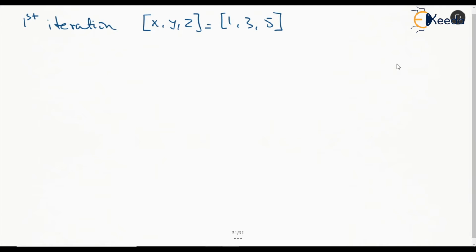So if we start with the equations, we'll try to find x first, and x is 2 minus 7 times y, so y is 3, so 7 times 3, minus 3 times z, so z is 5, divided by 12. So we will have to find this value.